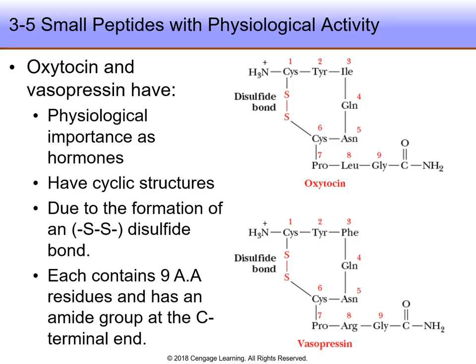Now the difference between these two peptides is that oxytocin has an isoleucine at position 3 and a leucine at position 8, whereas in vasopressin the residue at position 8 is arginine.